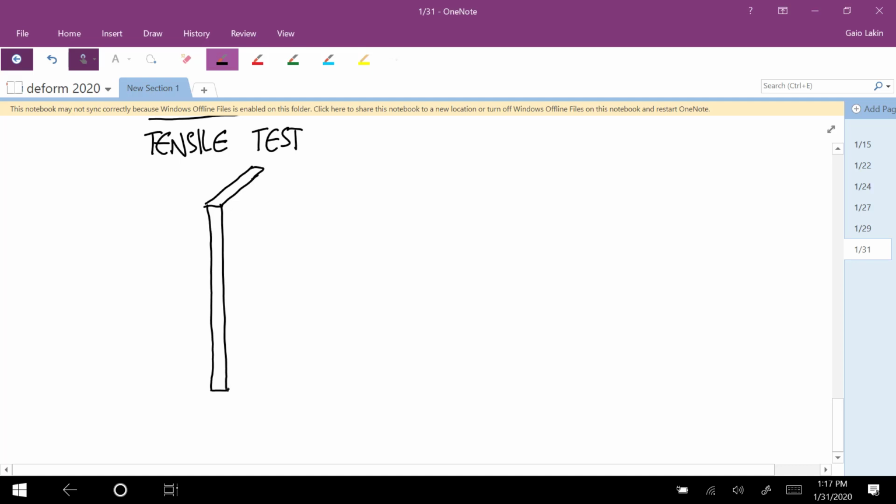Say, this is like some new alloy of metal or something, and we want to take a measurement to measure the relationship between the stress and the strain. So let's say that on each end we put 5,000 newtons of force. So we put this thing into 5,000 newtons of tension.